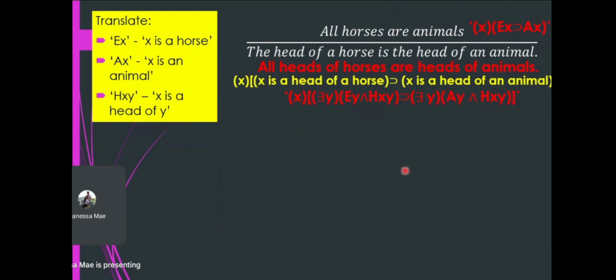So this is now the complete translation into symbols from our sentence form of the argument.